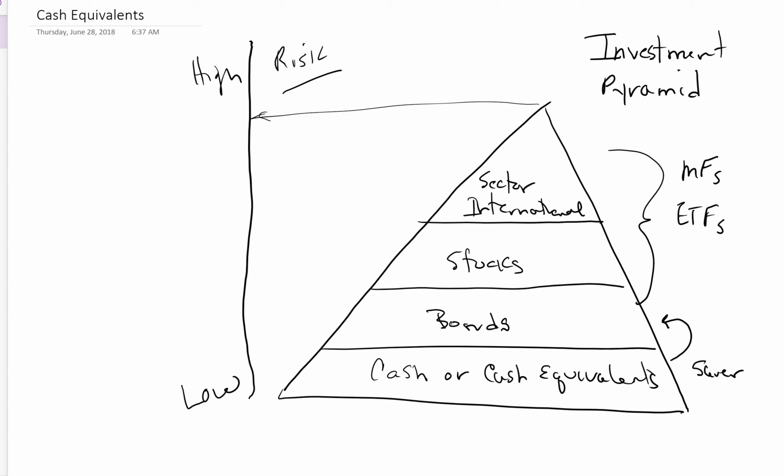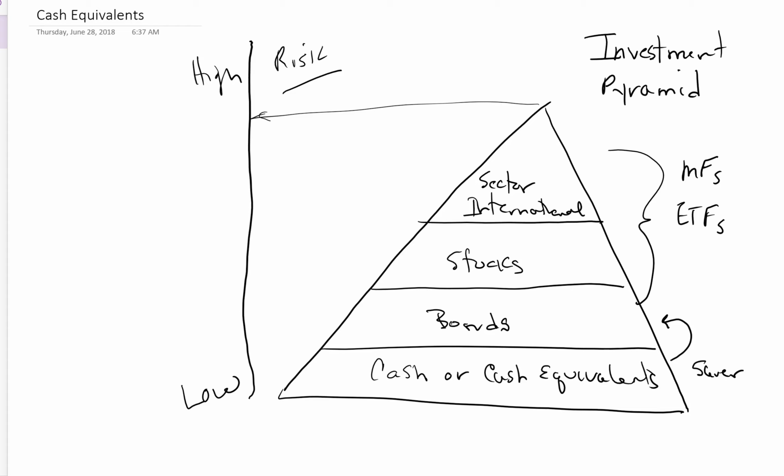Now, where should you have your investments given this risk profile over here? So, for example, if you keep all your money in cash, then you will have a low risk portfolio. However, low risk, just so you know, low risk equals, again, low return. And remember, return is our percent. That's what we're trying to make.